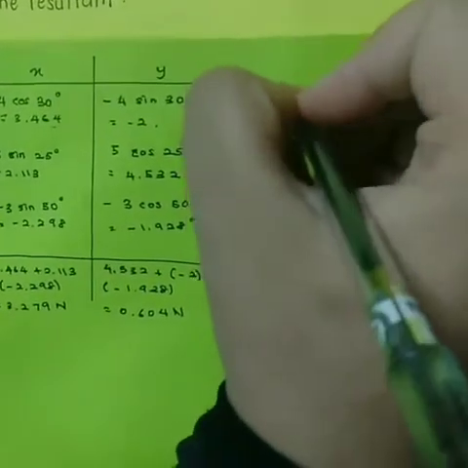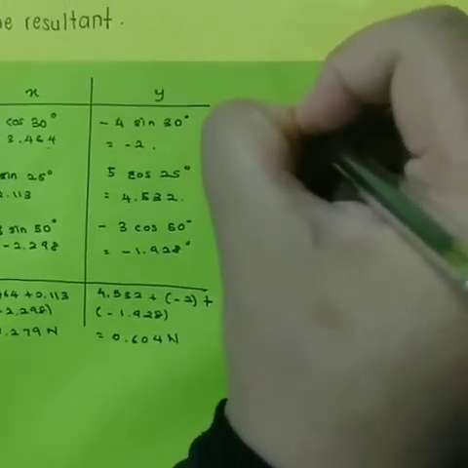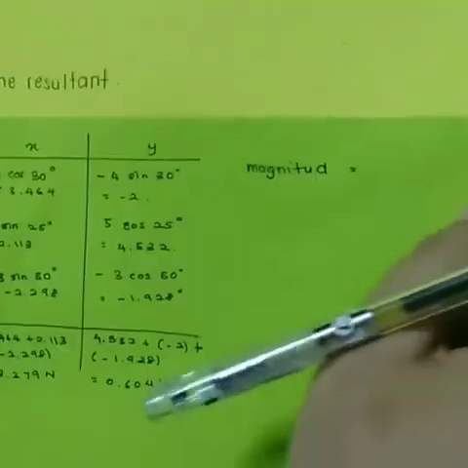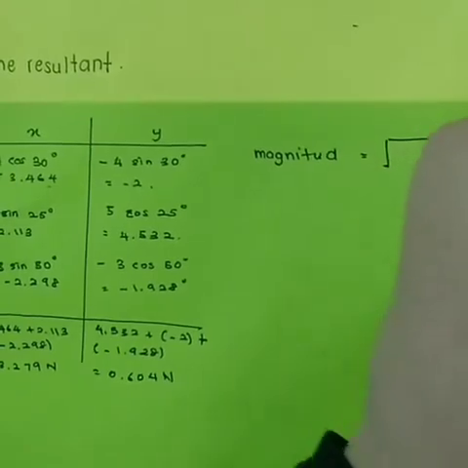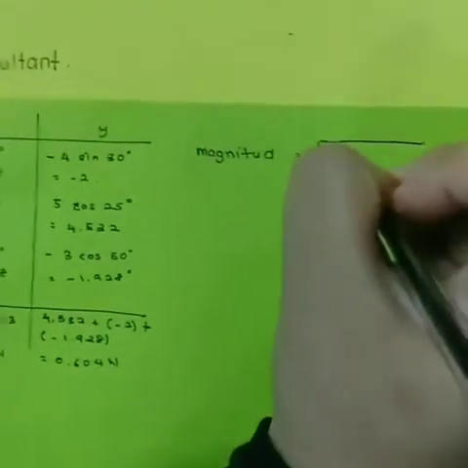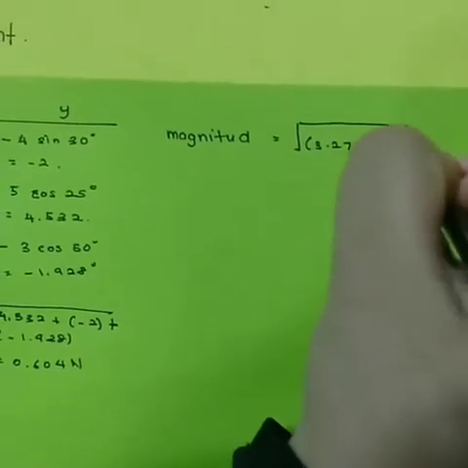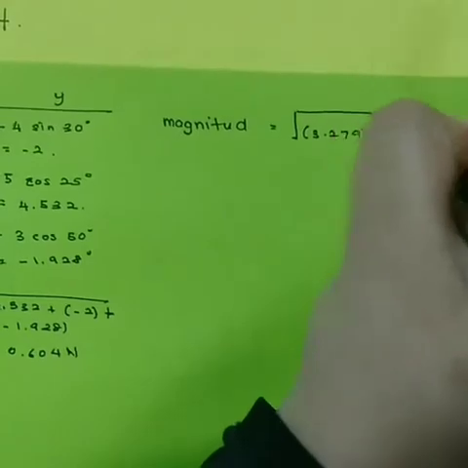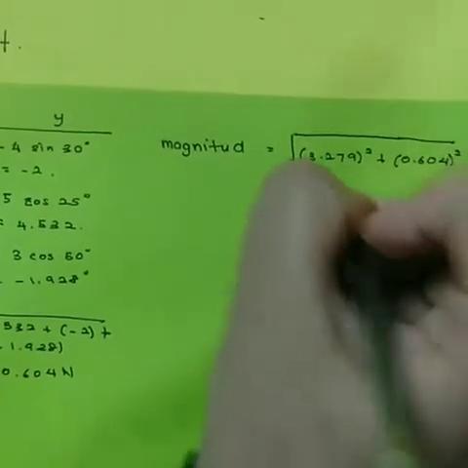So next, we need to find the magnitude. So for the magnitude, we need to use the Pythagoras theorem formula. So 3.279, which is the x component, squared, plus 0.604 squared. So the answer is 3.341.